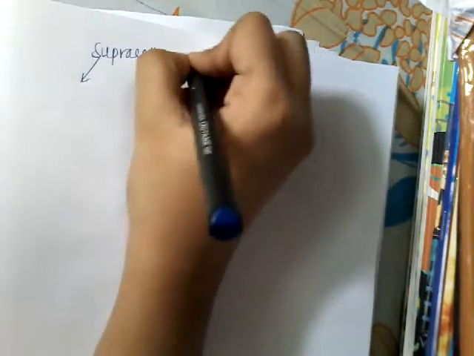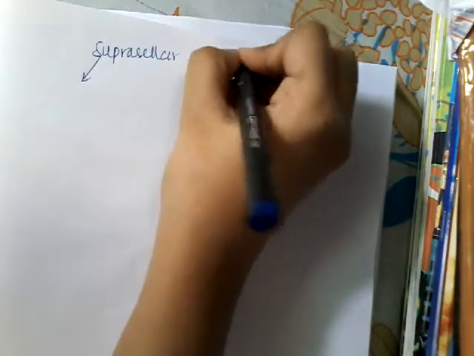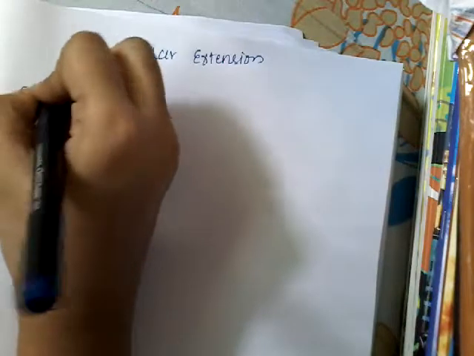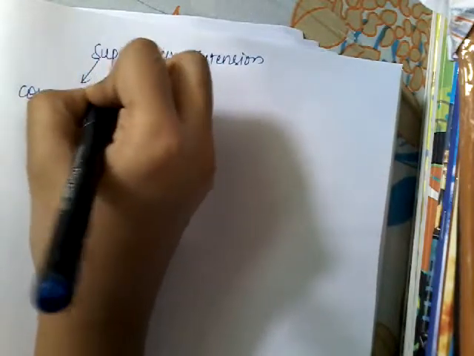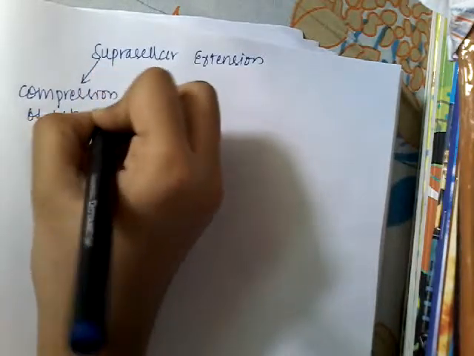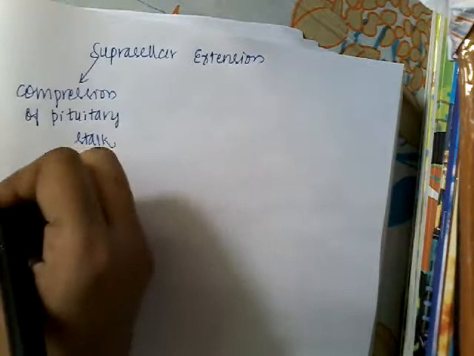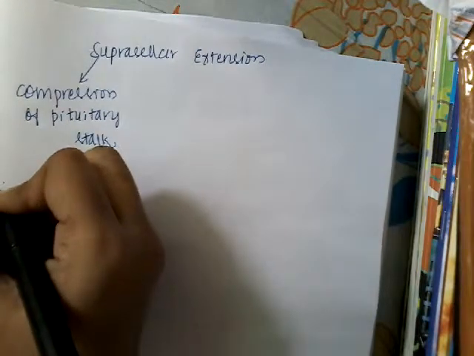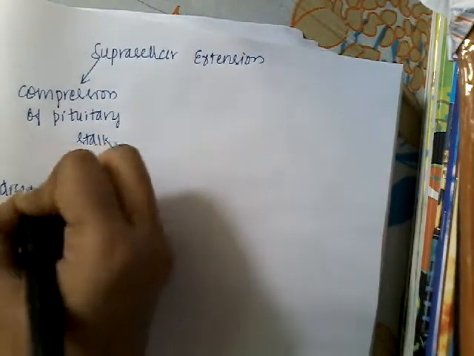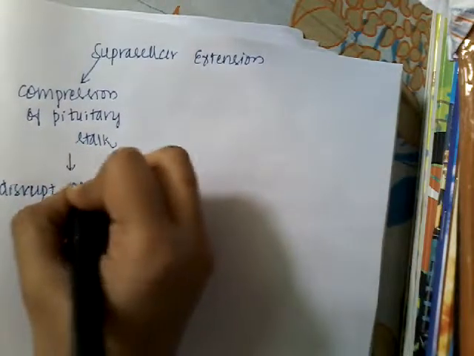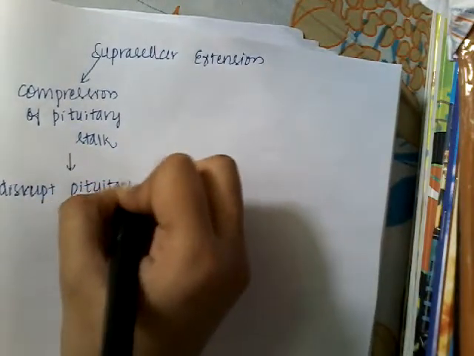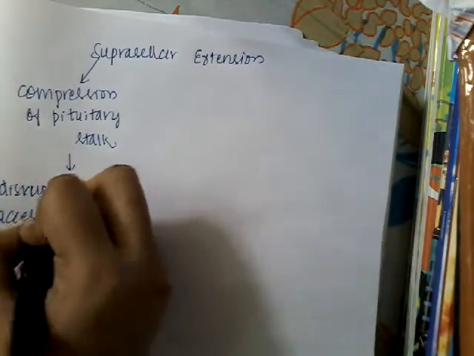And then suprasellar extension will also cause compression of the pituitary stalk. Whenever there is compression of the pituitary stalk, this will disrupt the pituitary access to the hypothalamic hormones and also dopamine.